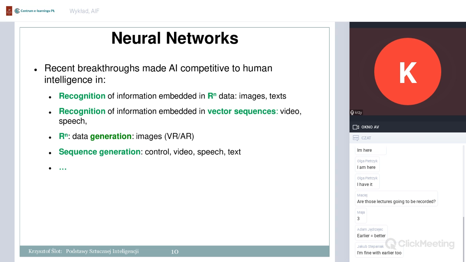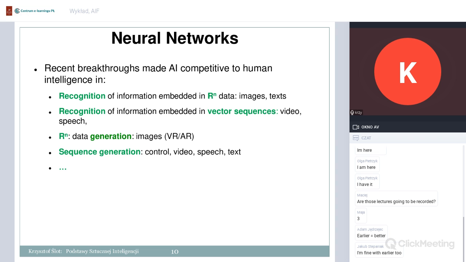So you can get very reliable detectors of different types of visual objects, person detectors, car detectors, or pedestrian detectors. You can also get different solutions that classify texts according to their contents, for example.